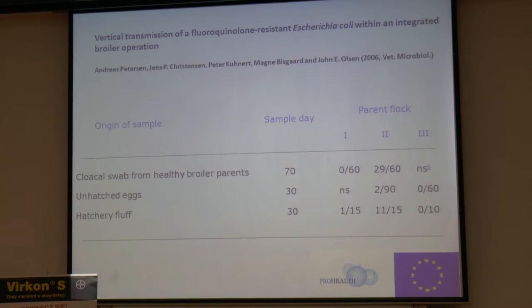Finally, just to show some of our earlier work, we saw a fluoroquinolone-resistant Escherichia coli clone within an integrated broiler operation, also being transmitted from the broiler parent stock flock 2. We had this clone in quite high frequency. We found it in unhatched eggs, causing embryo mortality, and also in the hatchery. So again, accumulating evidence over the years for vertical transmission.